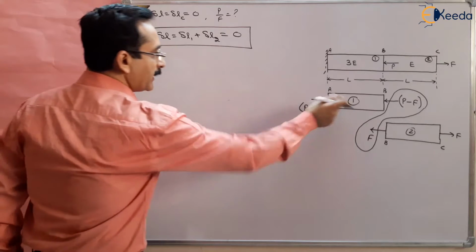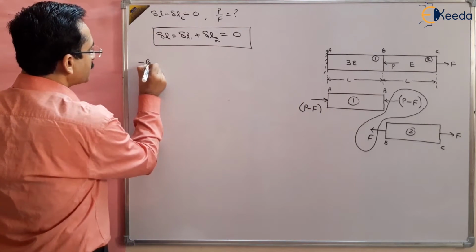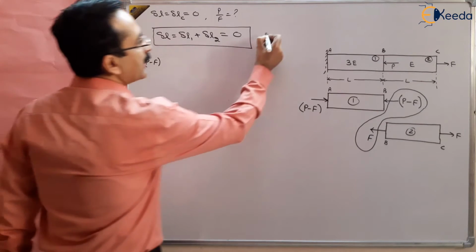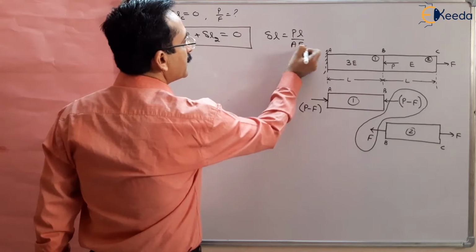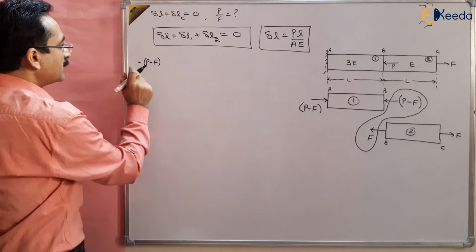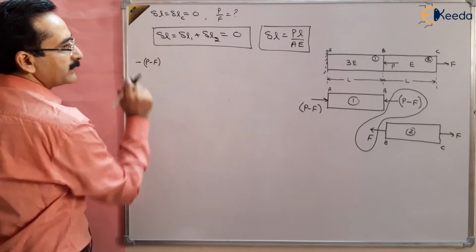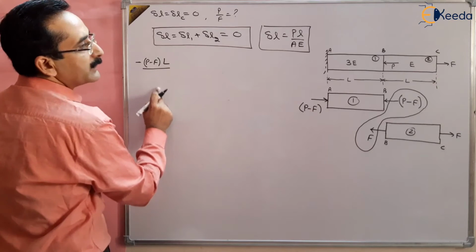So I can write delta L1 as minus, because it is compressive, P minus F multiplied by length, because our deflection formula is PL upon AE. This is our deflection formula. So this is minus, P minus F load because it is compressive, length is capital L, upon area.